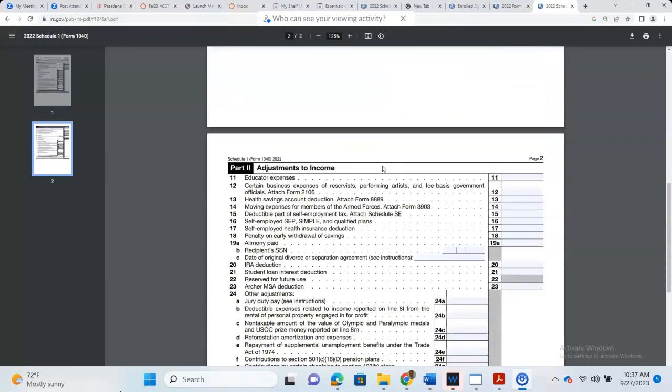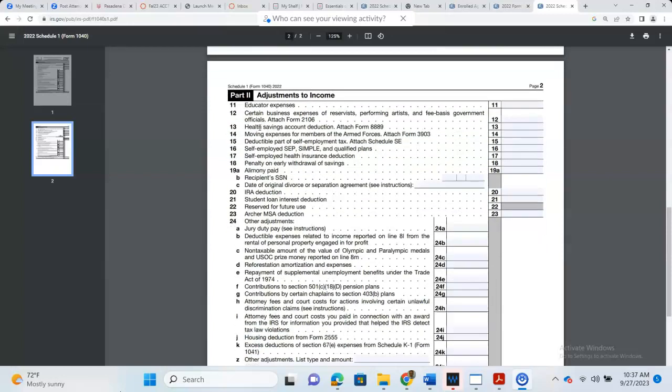Additional income. Here, line 15, which goes eventually into Form 1040, Schedule 1, that I was showing you. So, no, not that one.